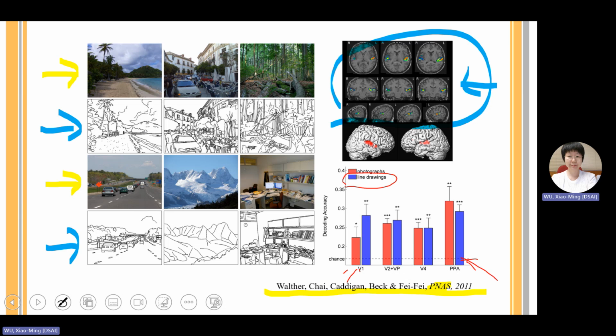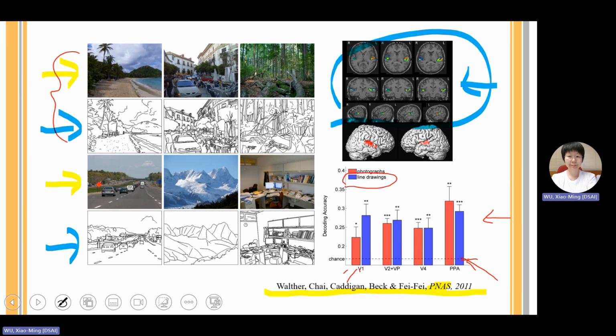Okay, so you can see from the results that despite the huge difference between the real photographs and the line drawings, they are quite different. The two groups are very different. They are different in color, statistics, in many ways. However, the algorithm is equally capable of telling which category the image belongs to.